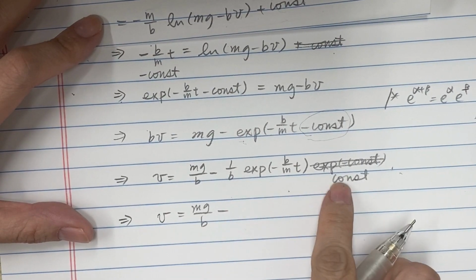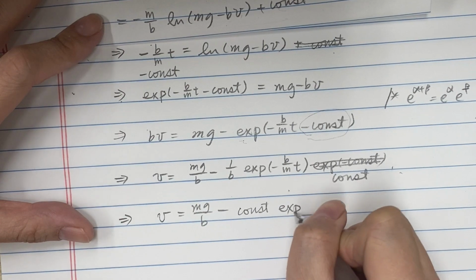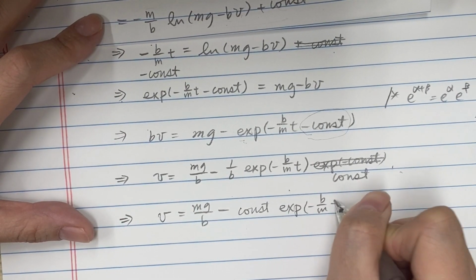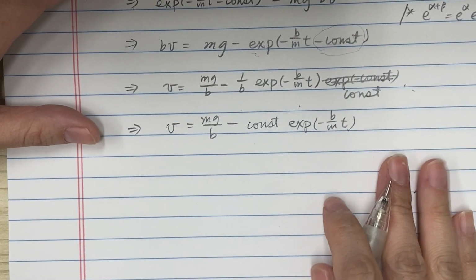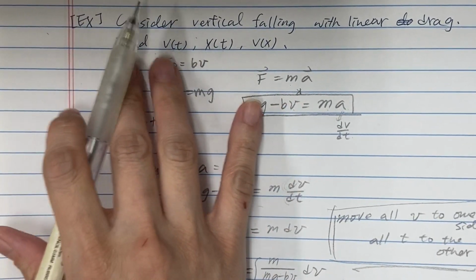So combine these two, constant over b is also still a constant, so I'm just going to call it constant. All right. So assuming that this ball is falling with no initial velocity, okay.